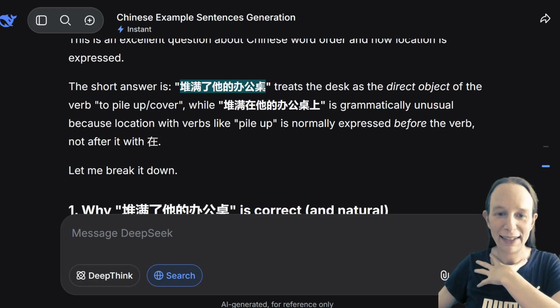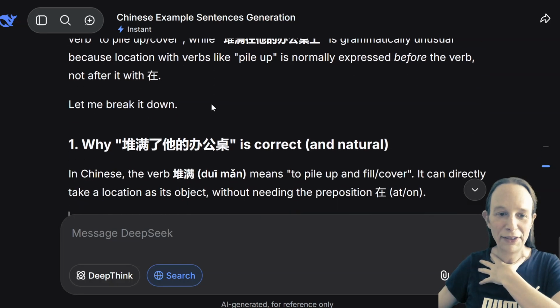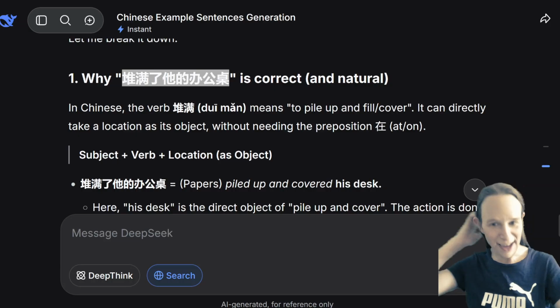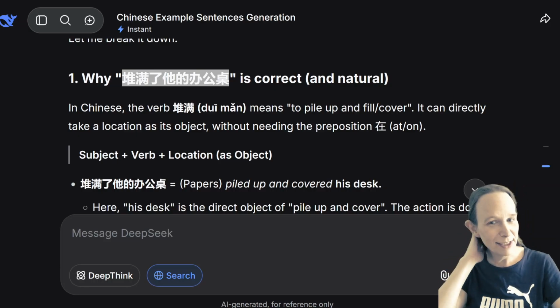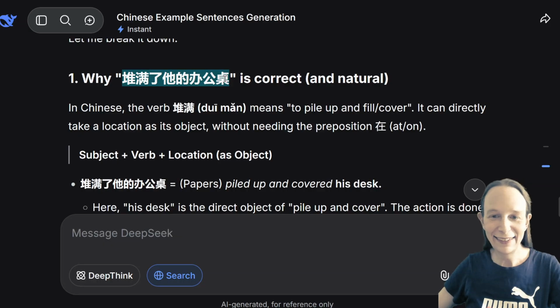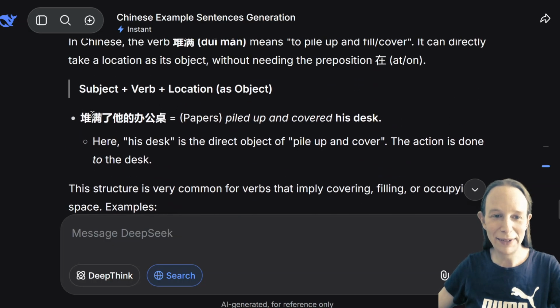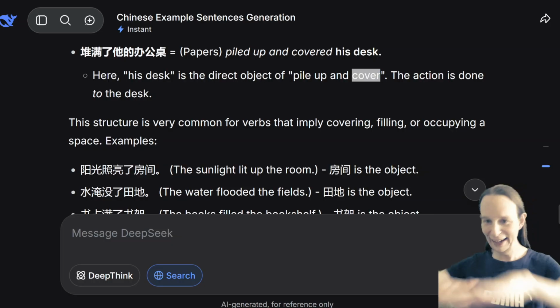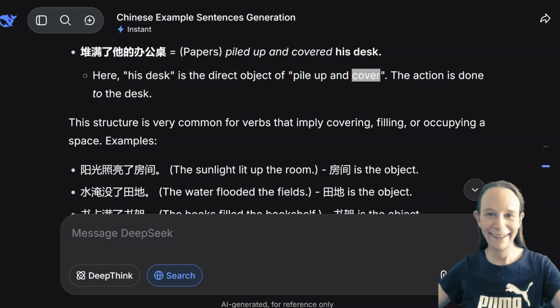Yeah, 堆满了这个. So both are legit, are they? 堆满了. Maybe it fills up his desk, or fills up the surface of his desk. Something like that. I didn't know 堆满 could be used like that. Yeah, covered up his desk.